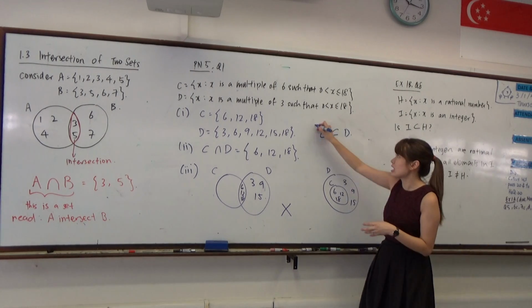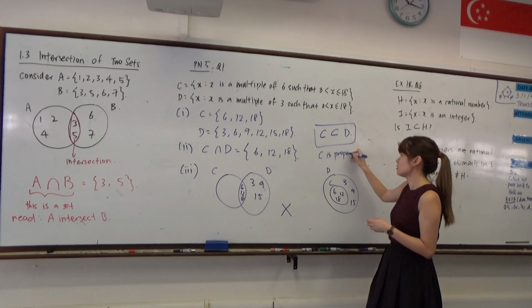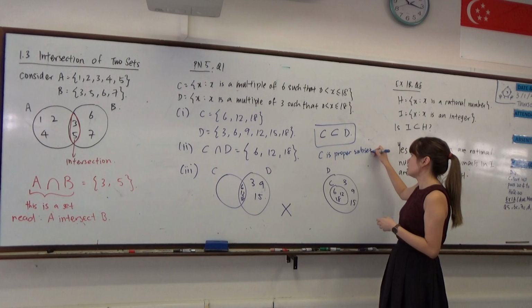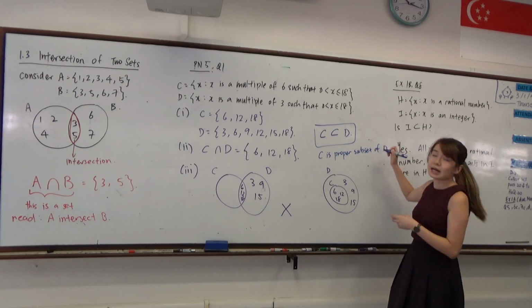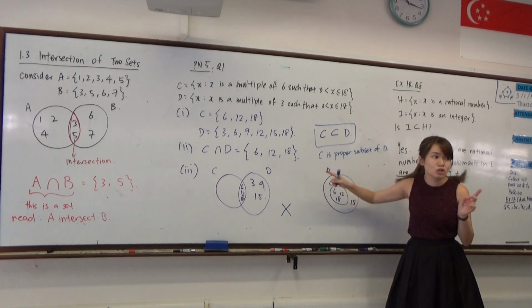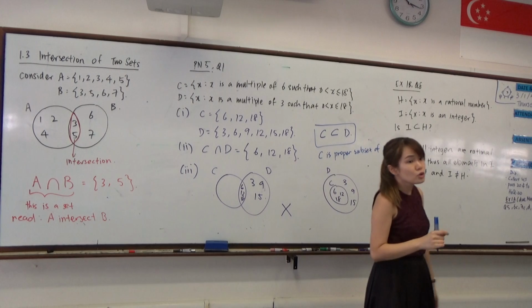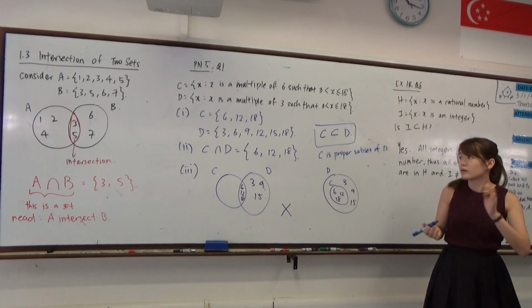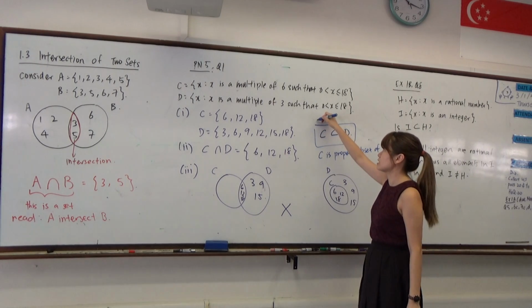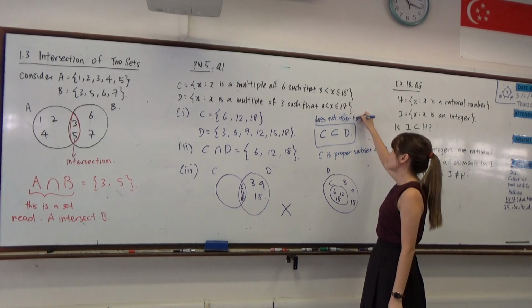But this itself is only telling me C is a proper subset of D. This symbol does not say that it is a set. This is not a set. This is a set. You understand? So use correct notation. This does not refer to a set. It just says it's inside.